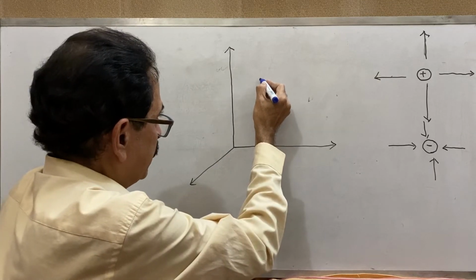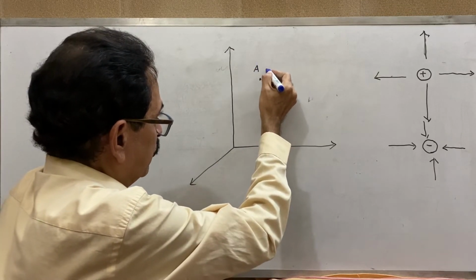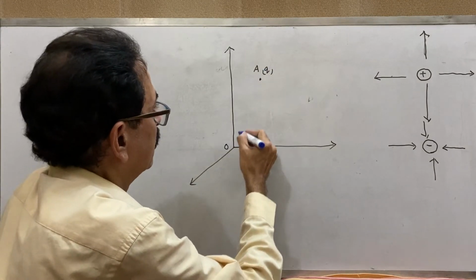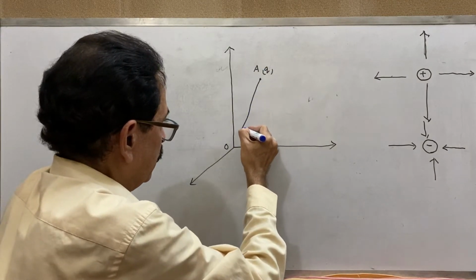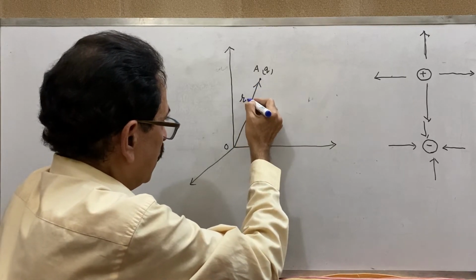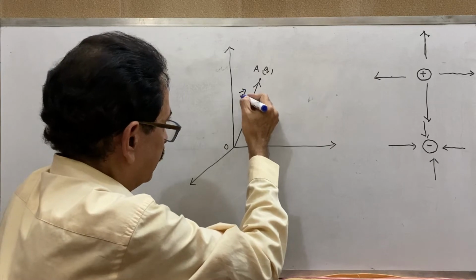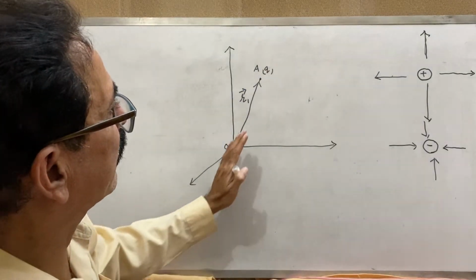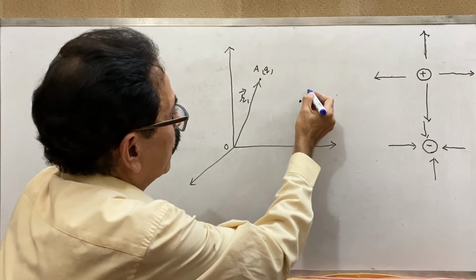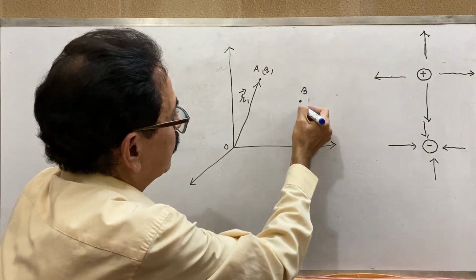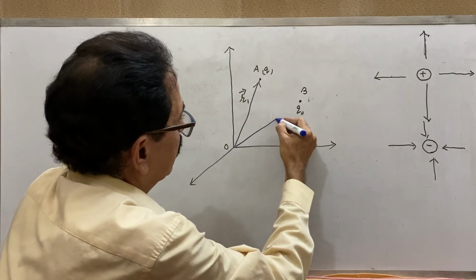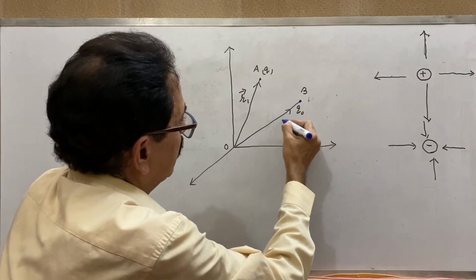One of the charge Q is here such that OA, suppose it is equal to R1 vector. R1 shows the position vector of the charge. Another charge is Q0 here at the position B, at a position vector, let me say R2.